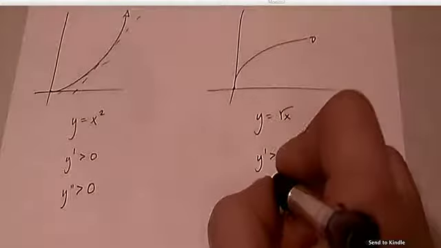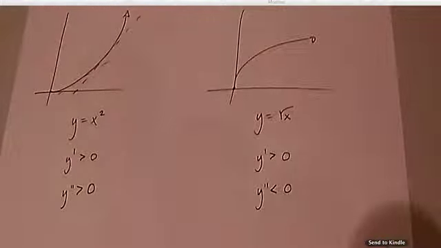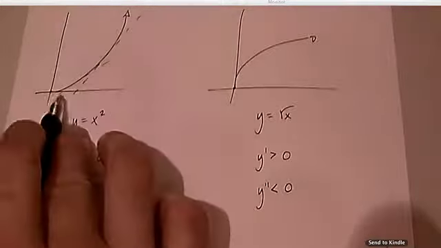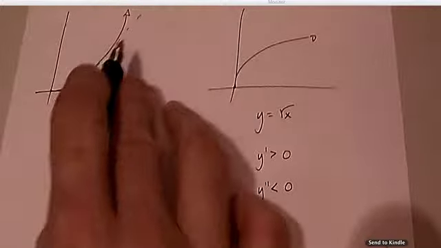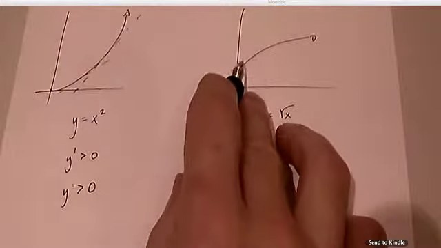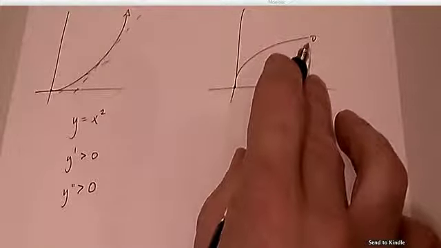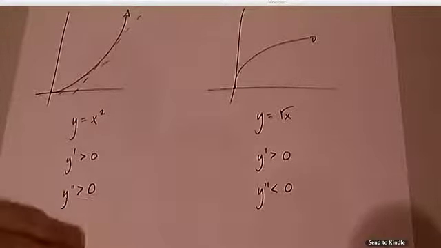The velocity is positive, but the acceleration is negative, okay? So y double prime talks about basically whether the slope is positive getting more positive, or positive getting more negative or less positive, whichever way you want to talk about it. And of course the same is true for negative slopes. It can be negative getting more negative, or negative getting less negative, or more positive, okay?